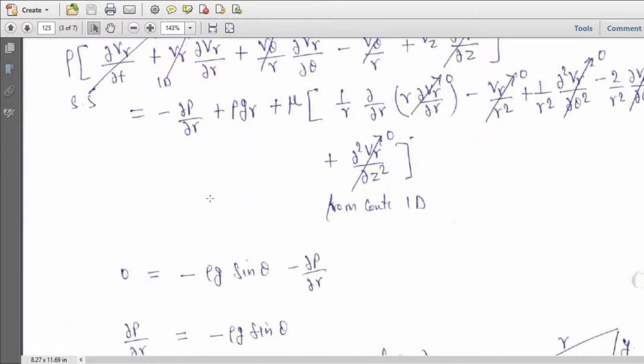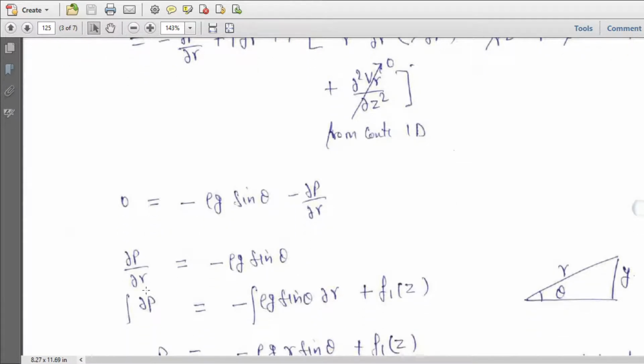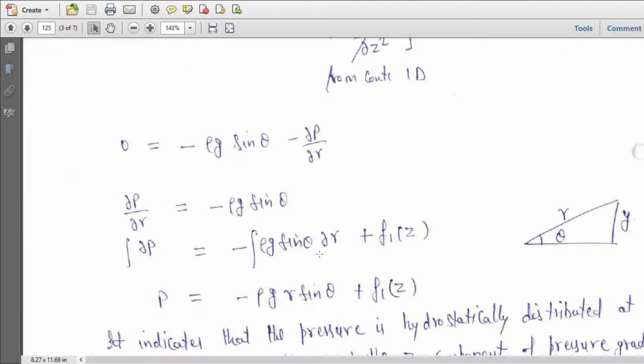So totally we end up with 0 equal to minus rho g sin theta minus del P upon del r. We can write del P upon del r equal to minus rho g sin theta. So we can integrate it over the entire r, so we will get rho g r sin theta, plus a function of z.